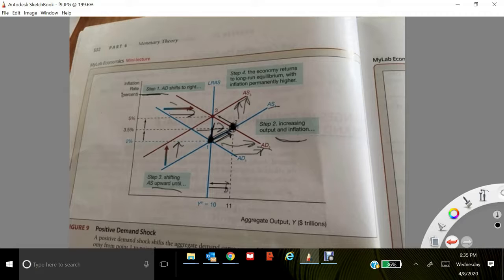Step 3 is the shifting up of the supply curve due to the increase in inflationary expectations. And step 4, the economy now returns to equilibrium at potential output. And notice what happens here.